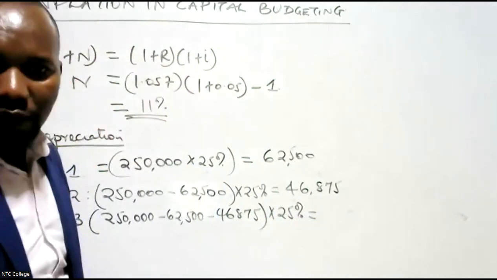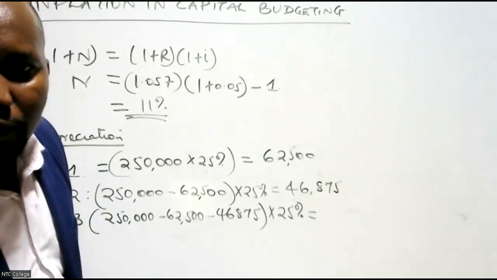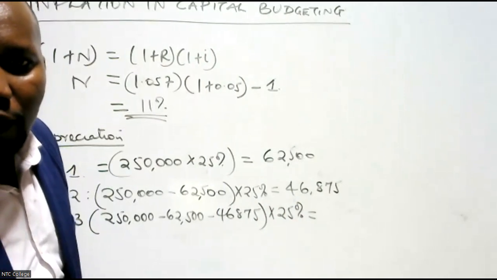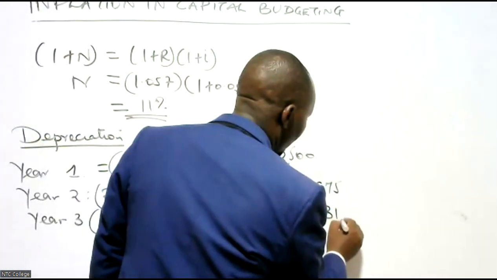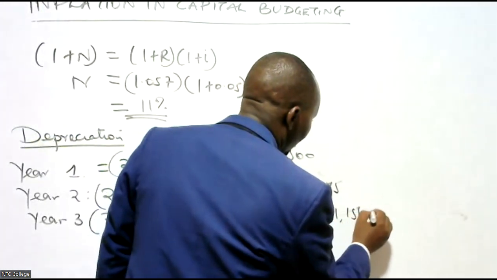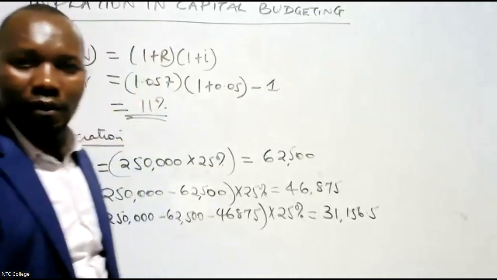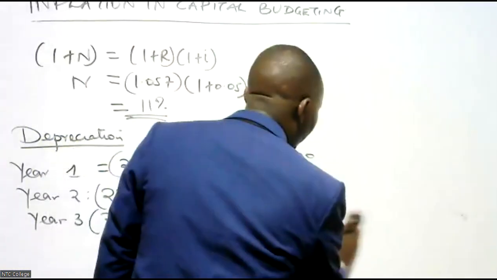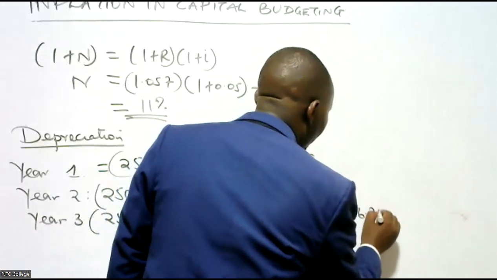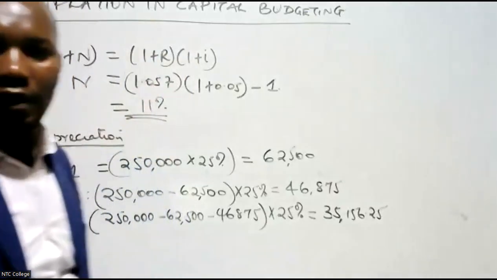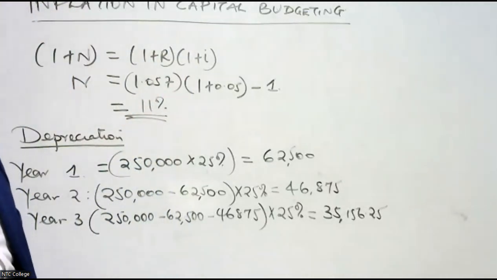You are getting 31,156.25. Is it? Yes. Now, year 4.